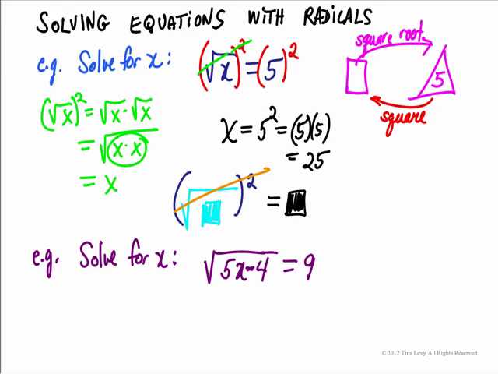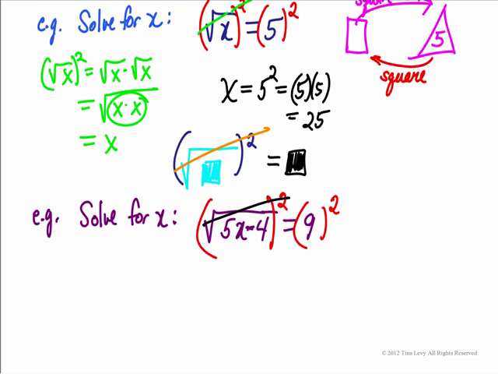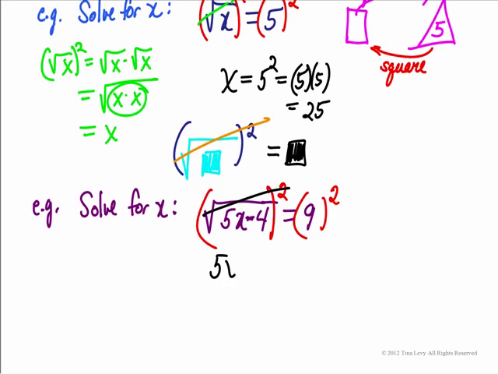So now in this problem we're saying solve for x if square root of quantity 5x minus 4 equals 9. So we are going to get rid of the square root by squaring both sides. When I square the square root, I get rid of that and I release what's under the square root.